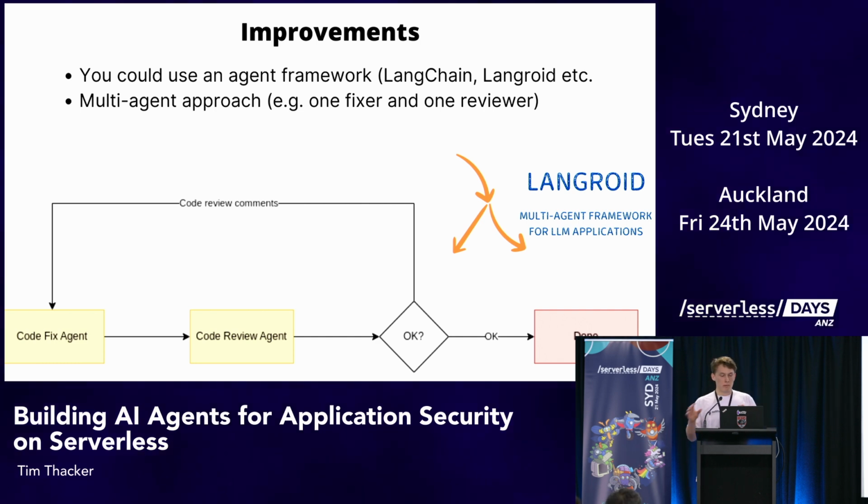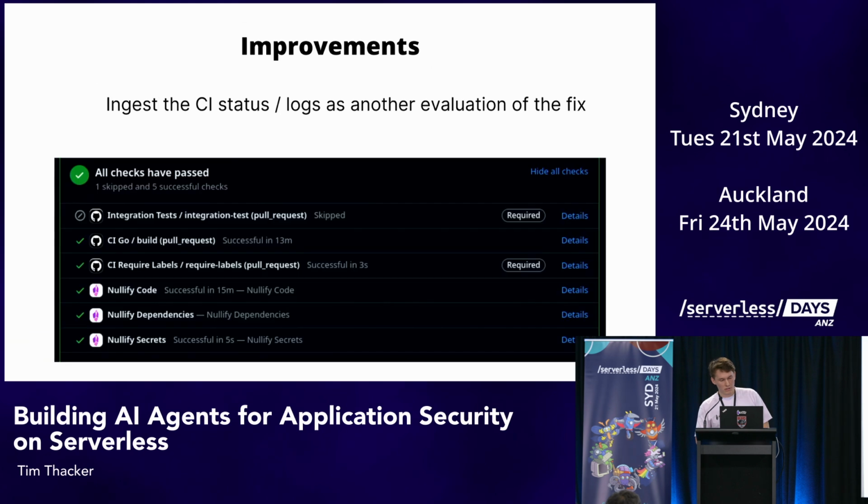Because maybe it hasn't used the variables in the same style as the rest of the code, or maybe it's actually changed the behavior of the code. It may have fixed the vulnerability, but now the program is doing something you don't want it to. So having that second agent that's just reviewing the code change, and then they talk to each other. You can have an architecture like this.